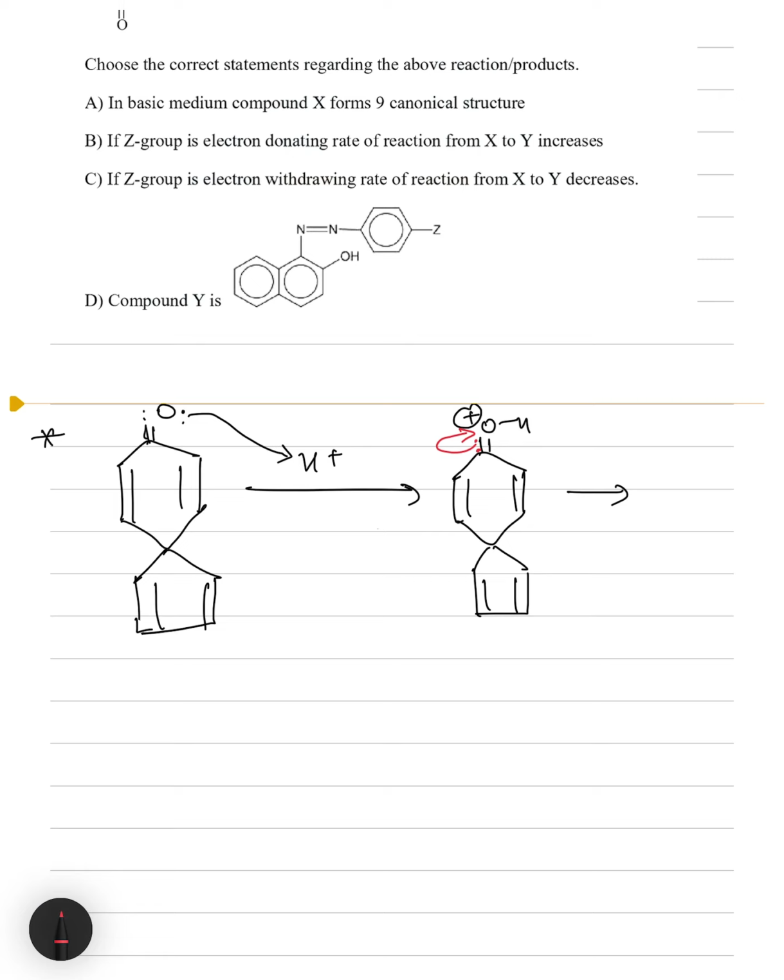So to conduct the resonance, what will happen? This pi bond from here moves here, in the way pi bond empty orbital conjugation. So what do we obtain? We obtain the molecule which is like this. Here comes OH and here comes the pi bond like this and here comes the positive charge.